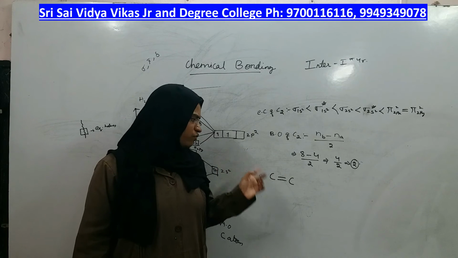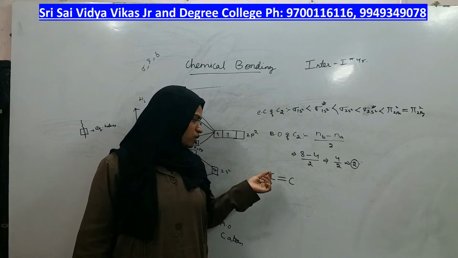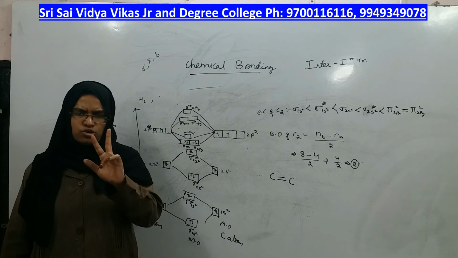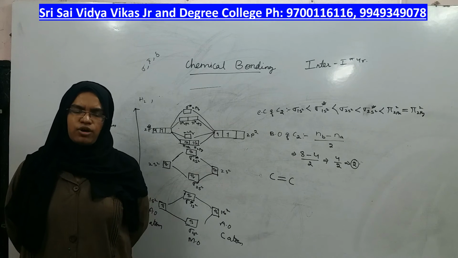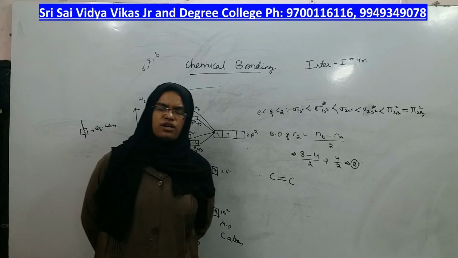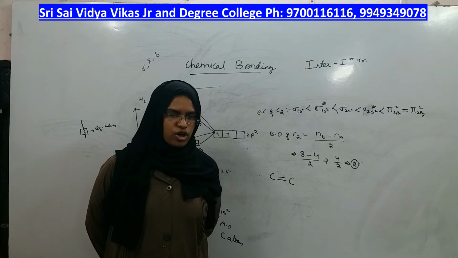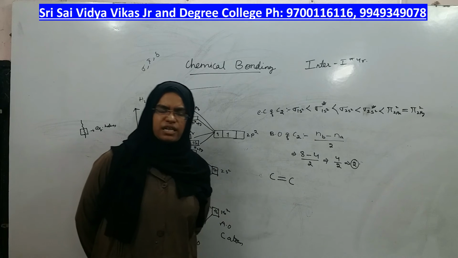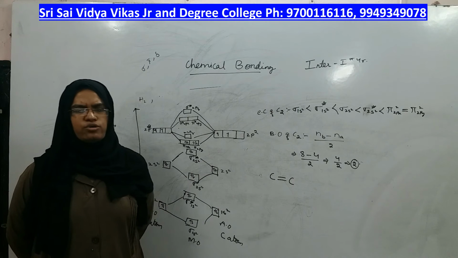Now one thing which we have to observe, and one thing which is very special about the carbon molecule is, whether the bond is a double bond or a triple bond, first of all there will always be the formation of a sigma bond. After the formation of the sigma bond, if there are any pi electrons, they will form 1 pi bond or 2 pi bonds.